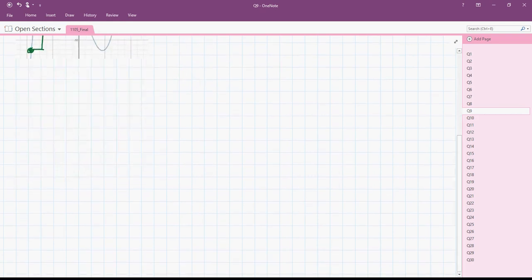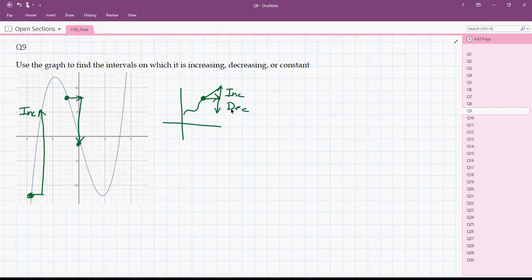So on that part, it would be decreasing. And it's doing that for this entire part, because again, if we test a point over here, we're still going down. Whereas if we get back over here, if we go to the right, then to get back to the graph, we have to go up again. So on this part, it's increasing.